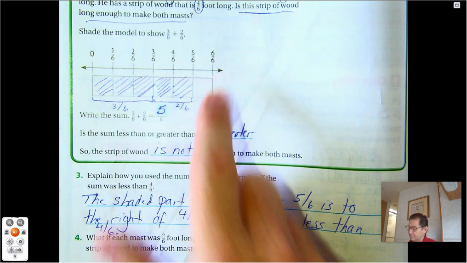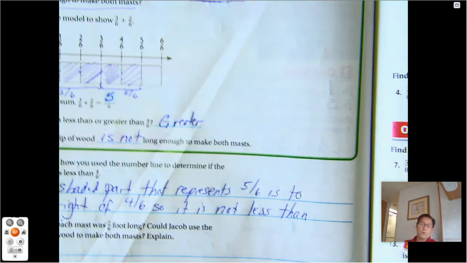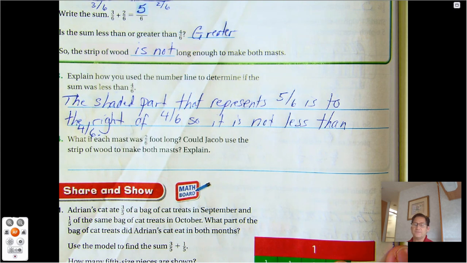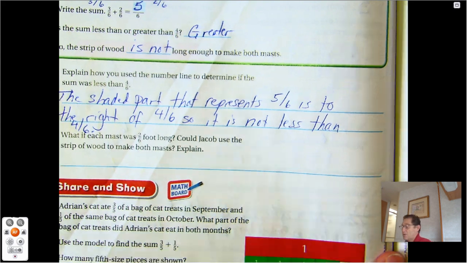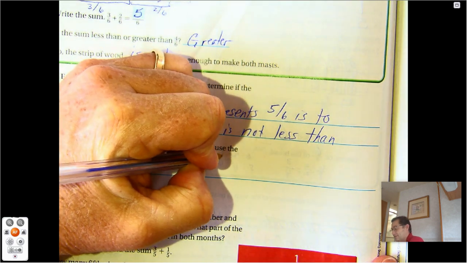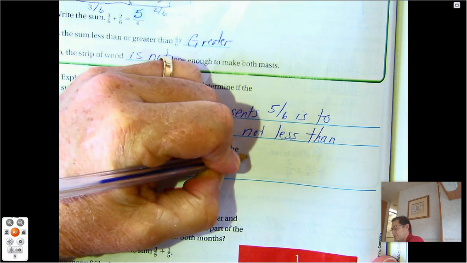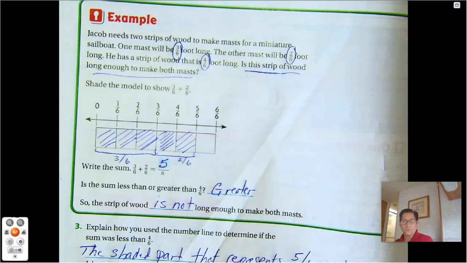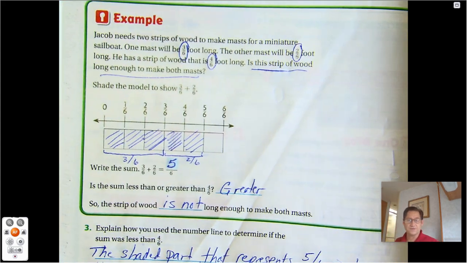Okay. What if each mast was 2/6 foot long? Could Jacob use this strip of wood to make both masts? Well, in that case, 2/6 plus 2/6. Okay. So let's use a different color this time.